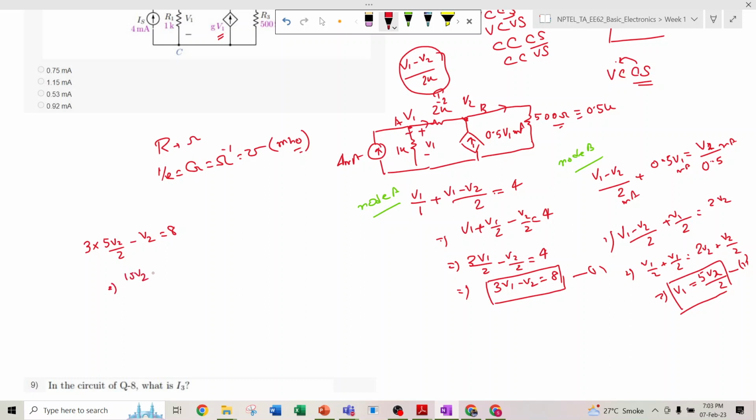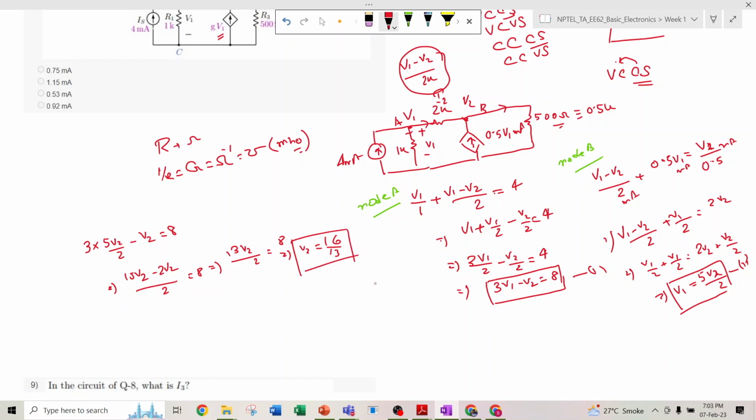So 15 V2 minus 2 V2 divided by 2 is equal to 8. So 13 V2 by 2 equal to 8. So V2 will be 16 divided by 13. So this is the value of V2.